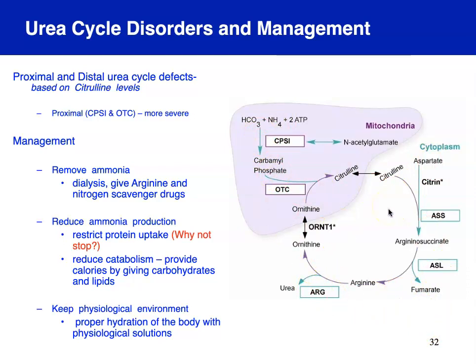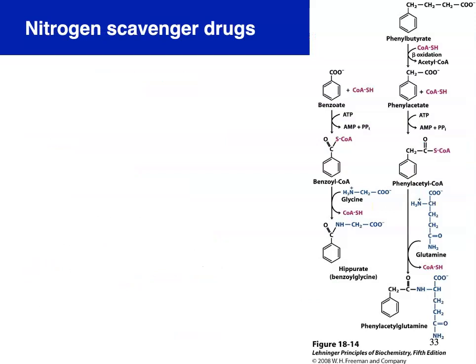All right, and the last thing I wanted to talk about today are the nitrogen scavenger drugs. Nitrogen scavenger means that these drugs have the ability to bind nitrogen compounds and help them be removed from the body. That's their purpose. One of those is phenylbutyrate that can bind glutamine and help it be removed.